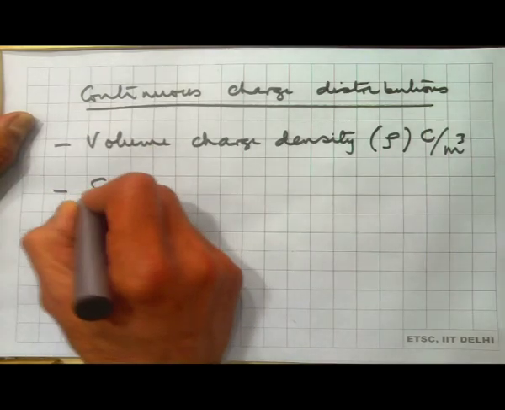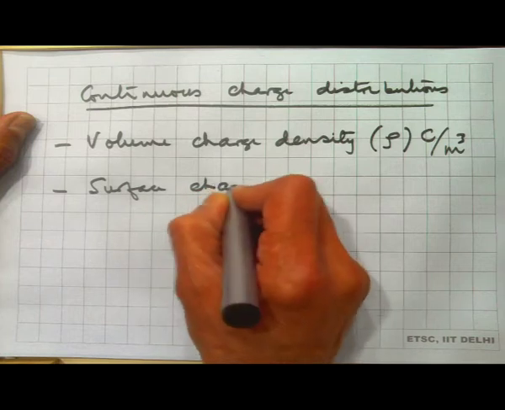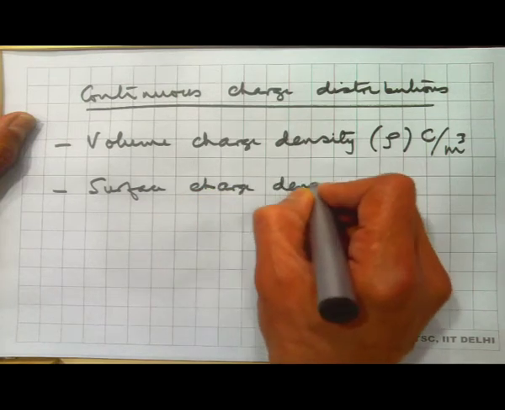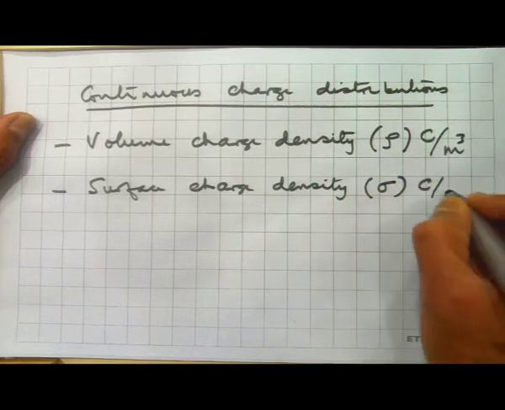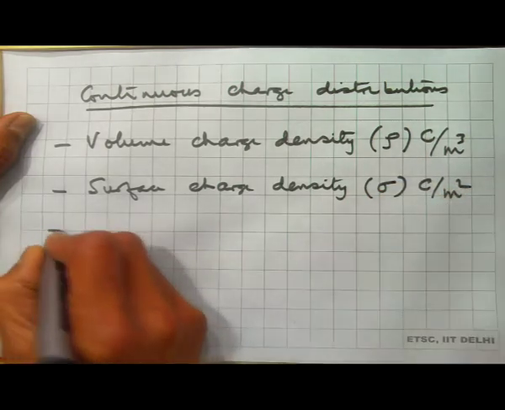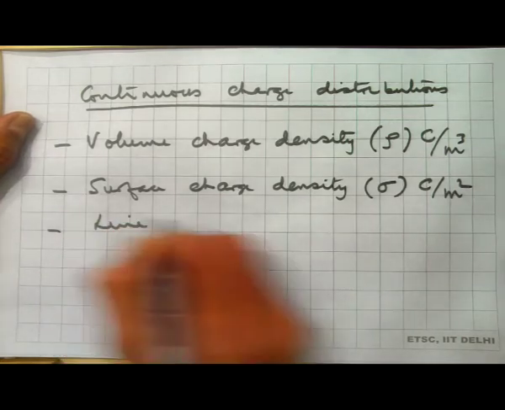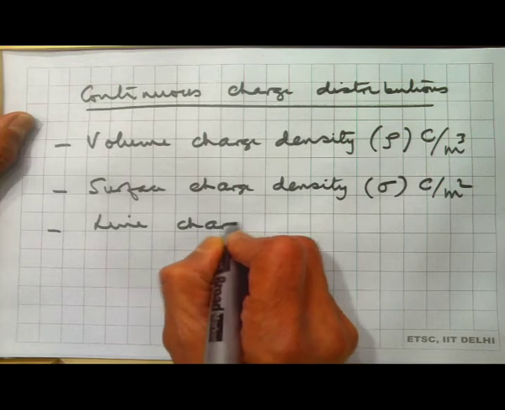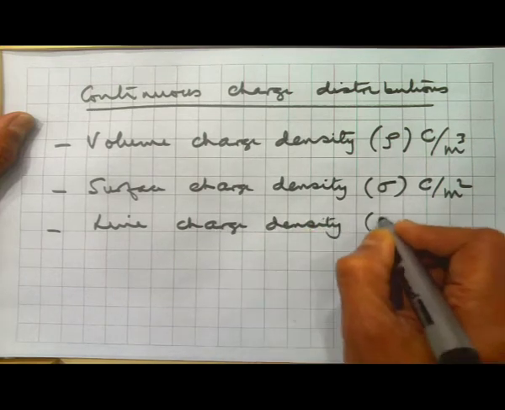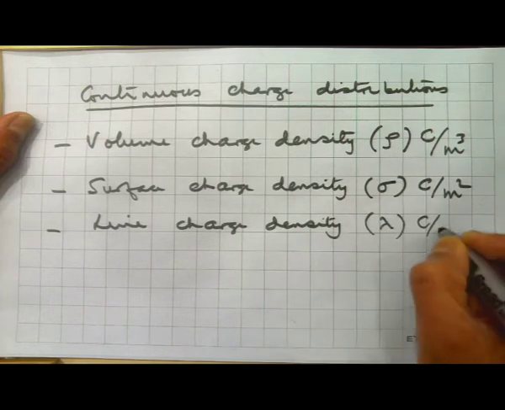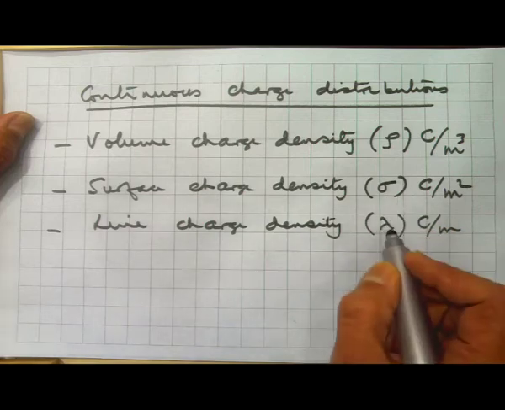Then you have surface charge density, usually written as sigma, coulombs per meter squared, and then you have line charge density, usually written as lambda, coulombs per meter. This is rho, sigma and lambda.